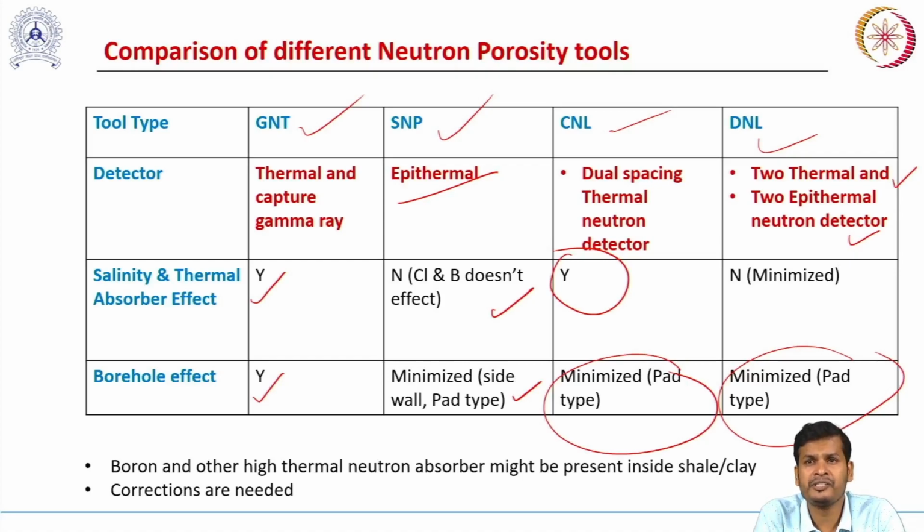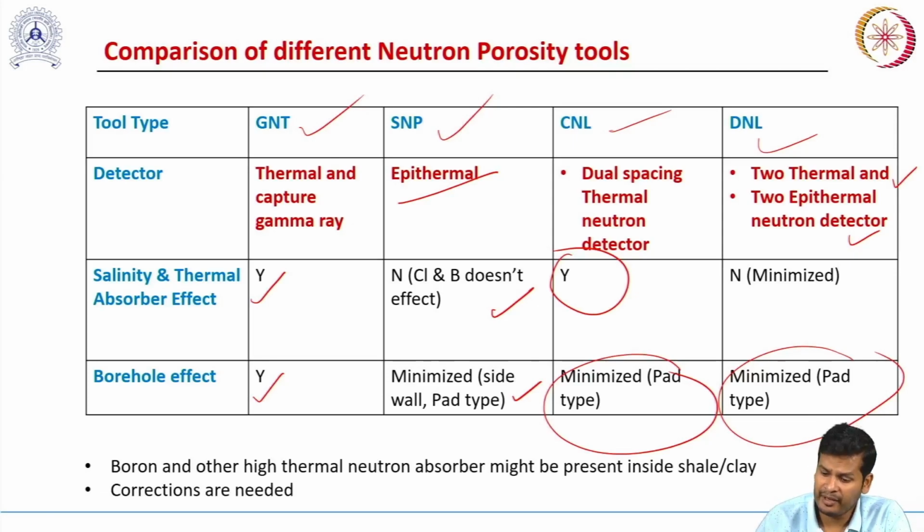But when we are using the epithermal neutron detector, the porosity calculated by the epithermal neutron detector will not be affected by these thermal absorbers. So where shale is present, we can compare the epithermal neutron detector and the thermal neutron detector to get an idea about the presence of shale also, because shale has a concentration of these rare earth elements. So porosity calculation by the thermal neutron detector logging tools will be affected by the presence of shale, but the porosity calculated by the epithermal neutron detector will not be affected by the presence of shale.